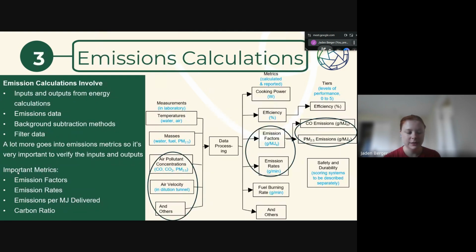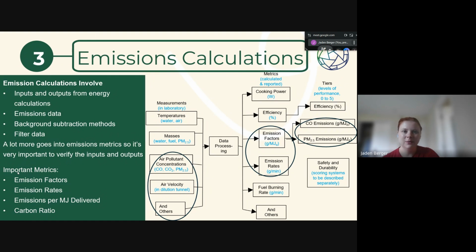Okay, so emissions calculations, this is where some of the math is going to get a little crazy. I will try my best to make it as easy as possible. Emissions calculations gets a little crazy because everything starts getting interconnected. All of our inputs and our outputs from energy calculations goes into our emission calculations.